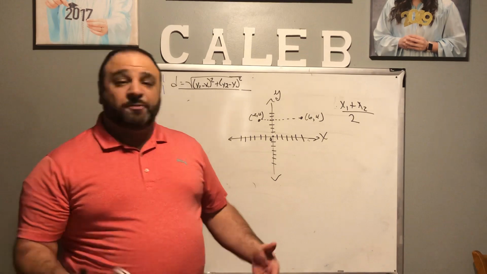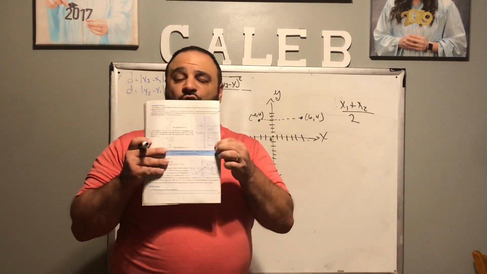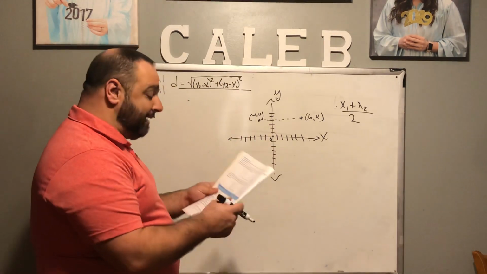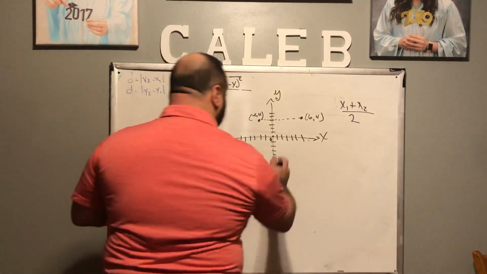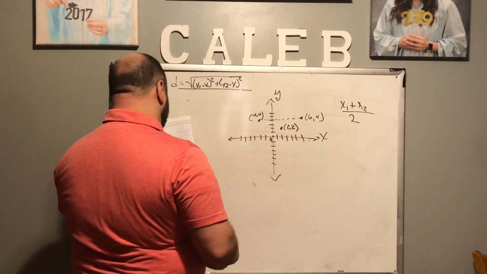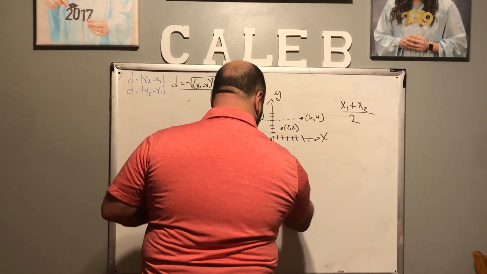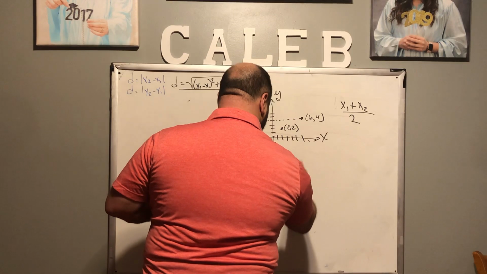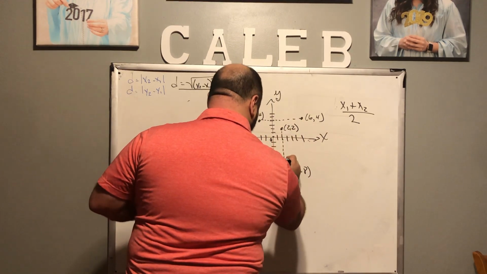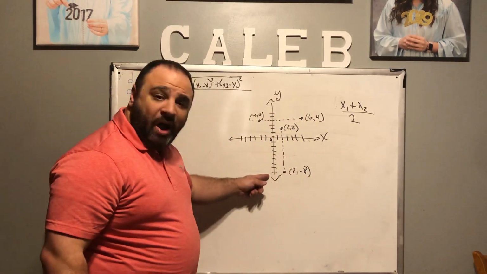If we have a line that's parallel to the y-axis, and again I'm referring to your coordinate plane on page number 9, if we have 2, 2, and then we have d, which is 2, -8. Notice the line is parallel to the y-axis.